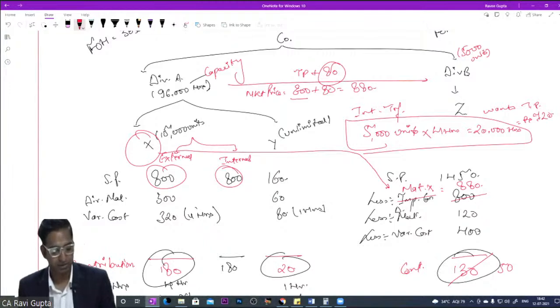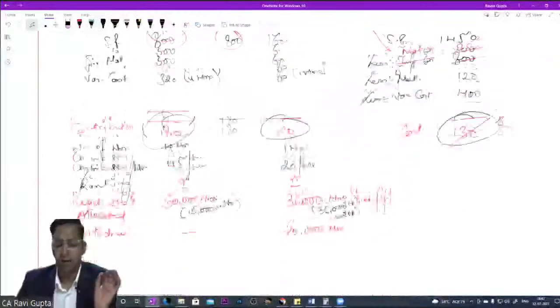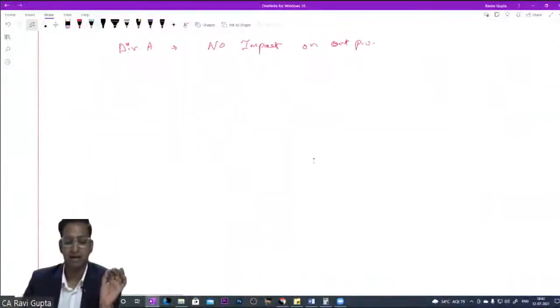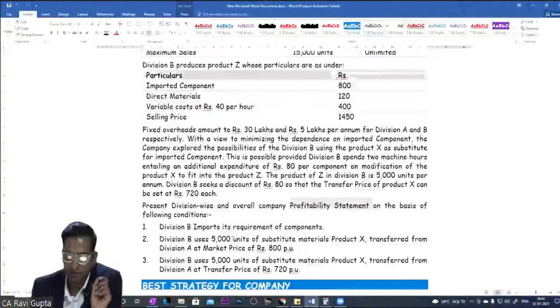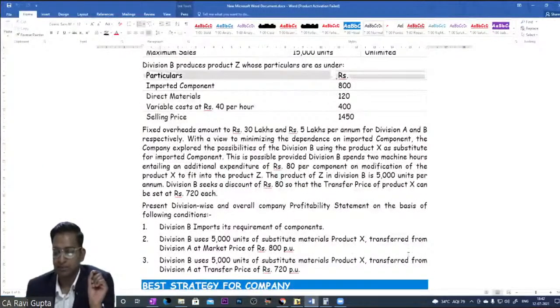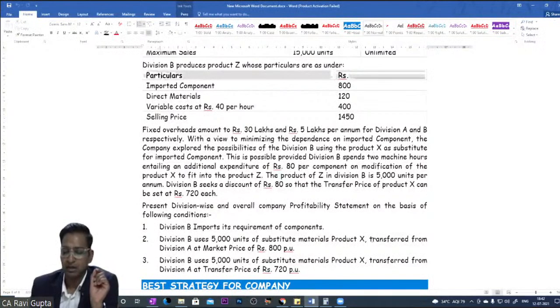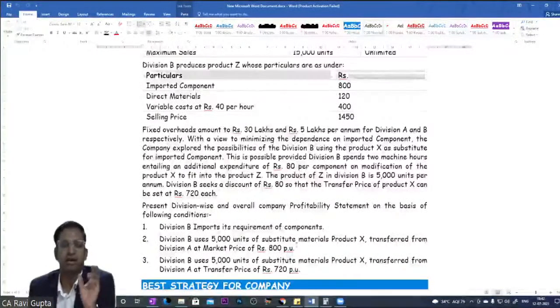Please explain this part once again. See, I'm explaining this part. Only what is required. This point says they have transferred from division A at a market price of 800 rupees.